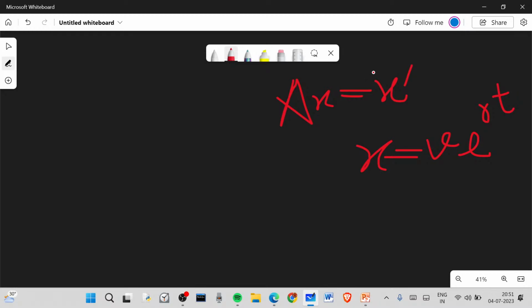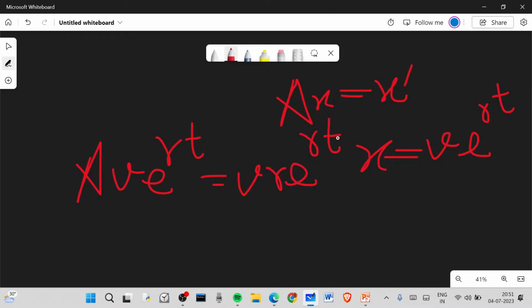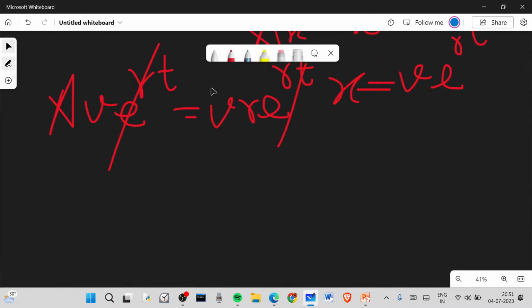So A times v e to the power rt equals v r e to the power rt, where e to the power rt is a scalar but v is a vector, so we can cancel it. Even r is a scalar, and Av equals vr, right?